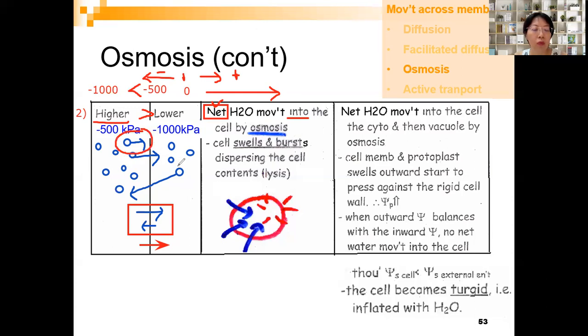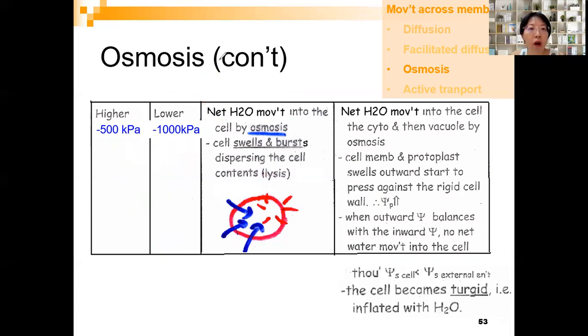And when water molecules are moving out, you're saying this direction only. But net means both directions being considered. Overall, there's more moving in than out. So using the word net in your description is very important. Without net, it's a different meaning already. So overall, there's a net water movement into the cell.